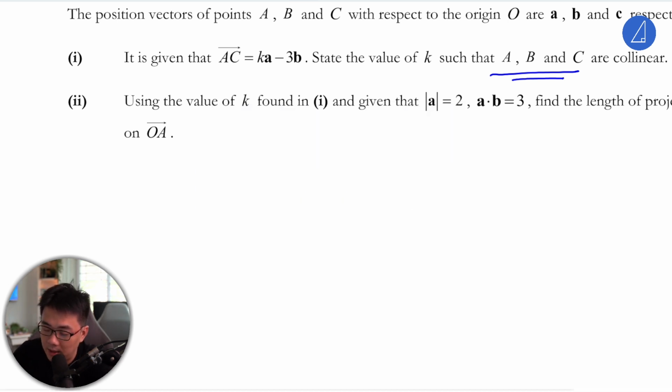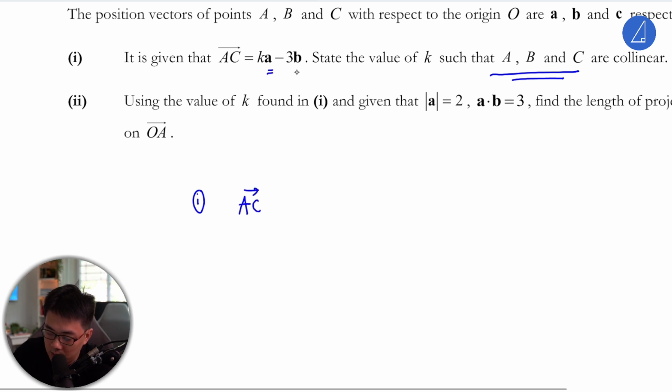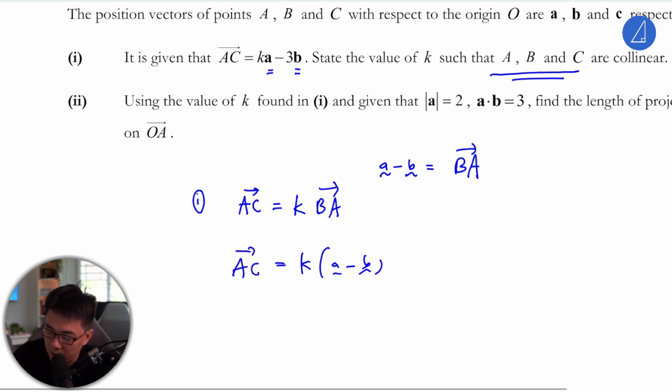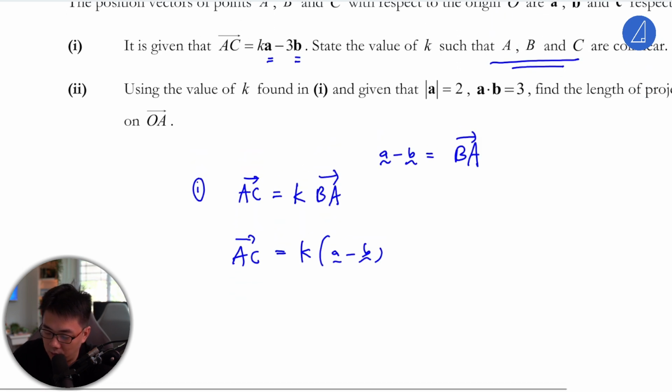But what you need to understand is this: if they are collinear, you could see that A minus B is essentially B to A. So if we were to write this as kBA, this has to be A minus B.